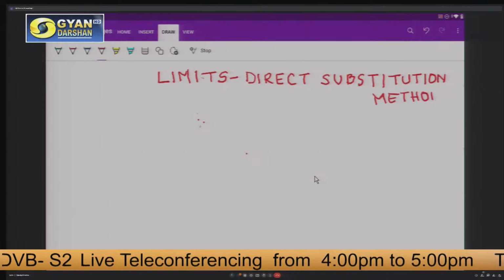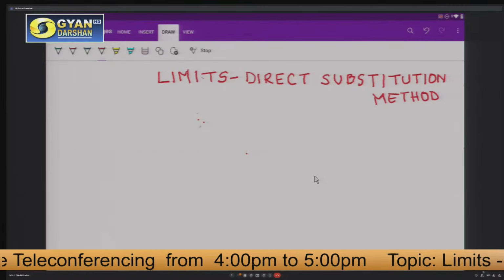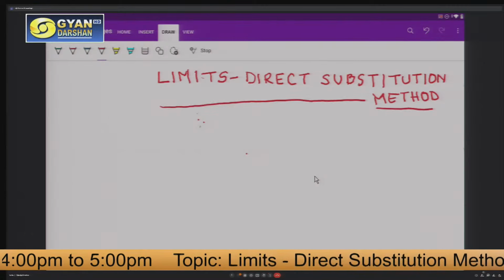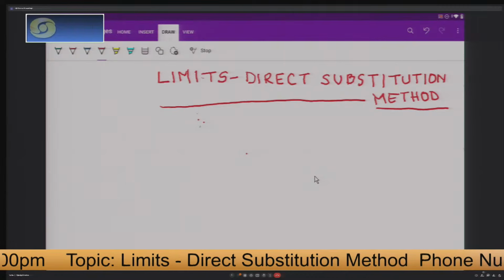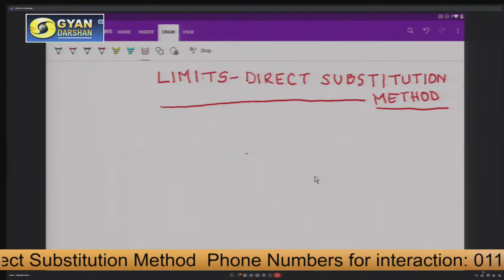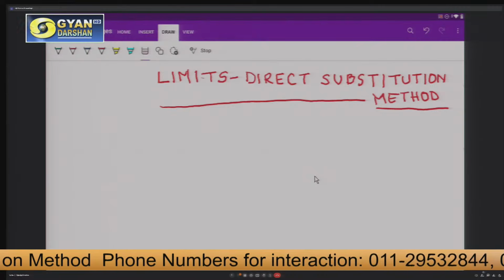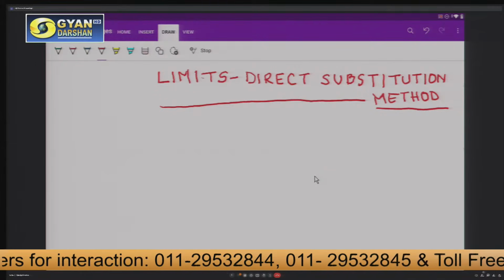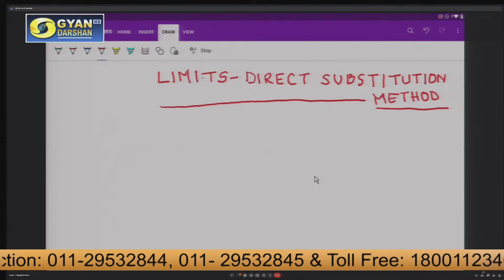The method is quite simple, but the concept is quite useful.